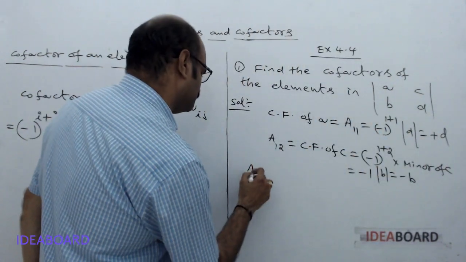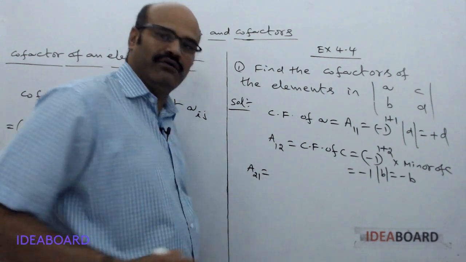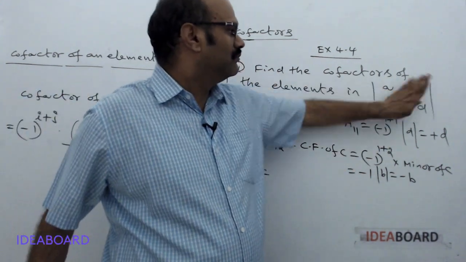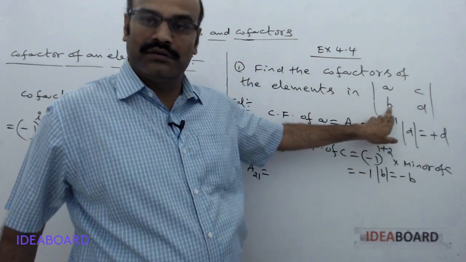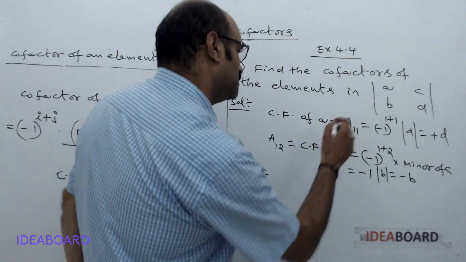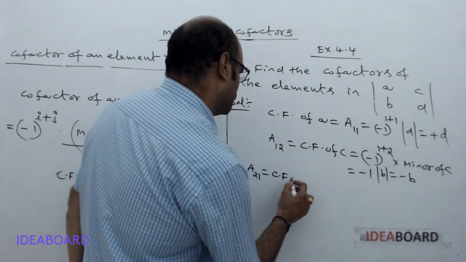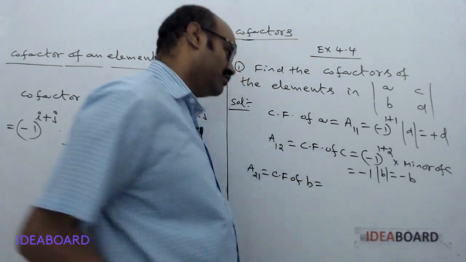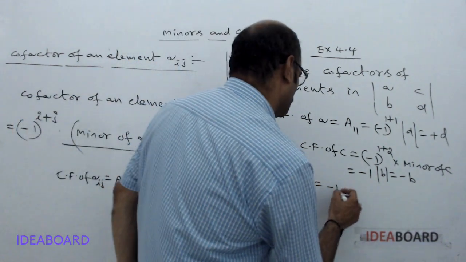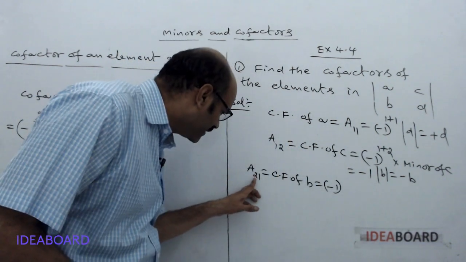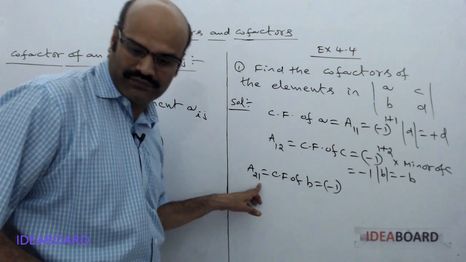Now A21 equals cofactor of C, equal to minus 1 whole power, you have to take 2 plus 1.